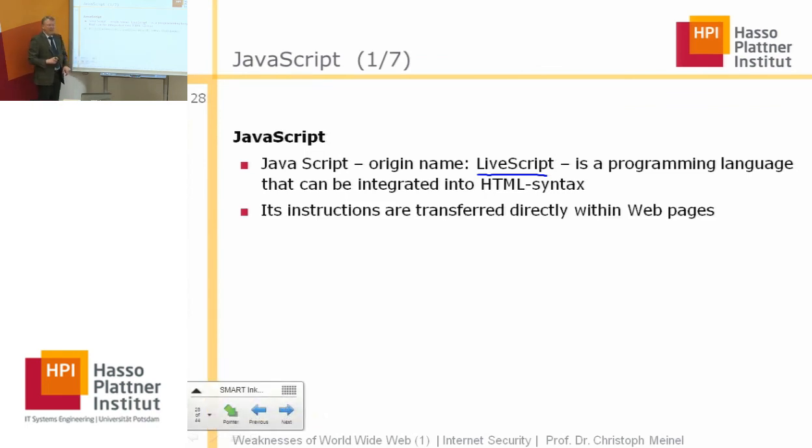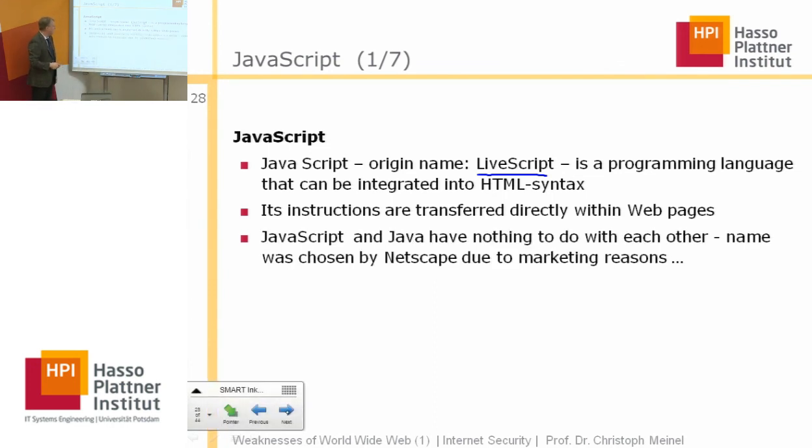Also here the idea is that the JavaScript instructions are transferred with the HTTP communication from the server to the client, and then they are performed within the web page on the client side.